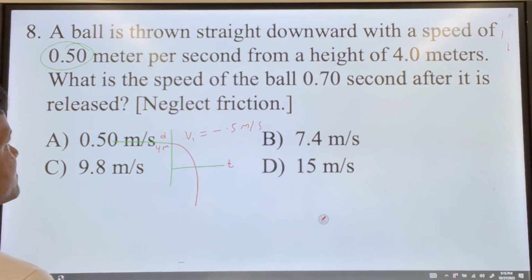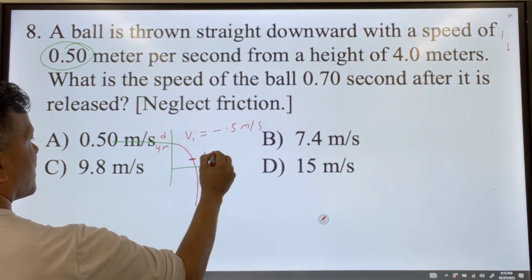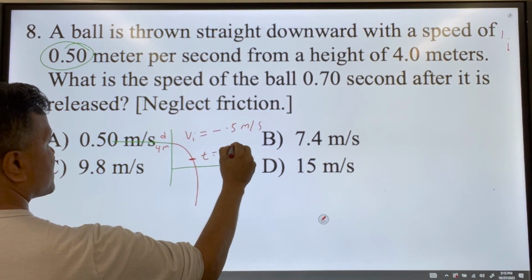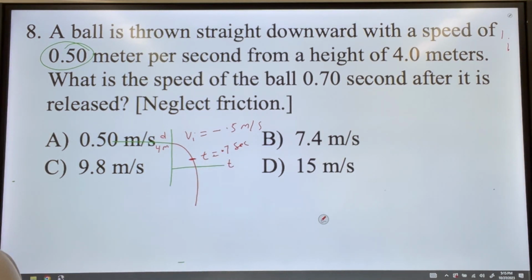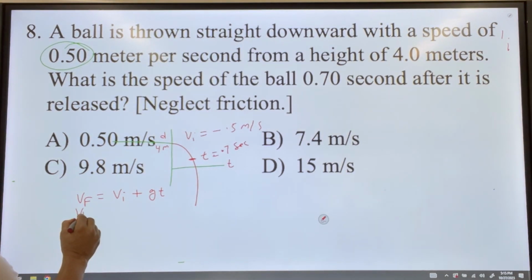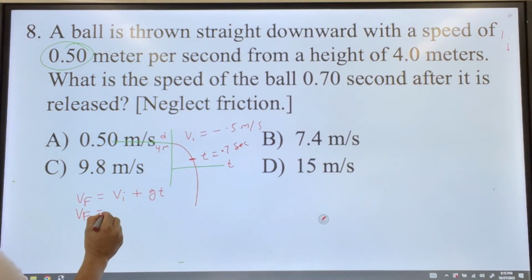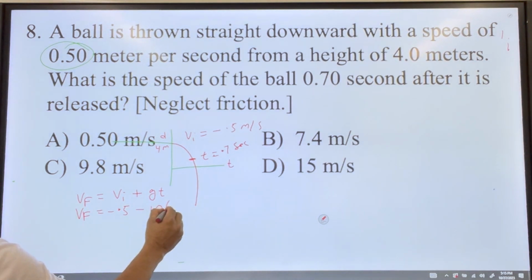At the end of 0.7 second, let's say this is the end of 0.7 second. What would be the speed? We want to find the speed. So remember, vf is equal to vi plus at, or gt. So vi is negative 0.5 minus 10, and t is 0.7, right?